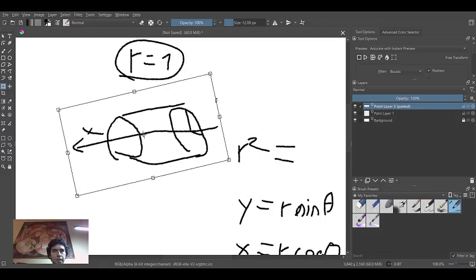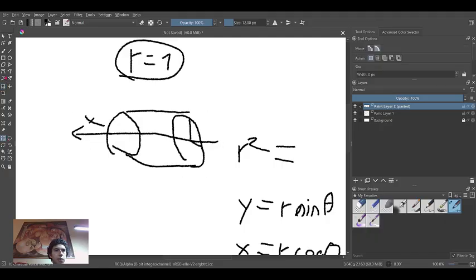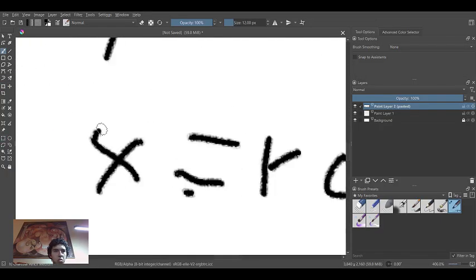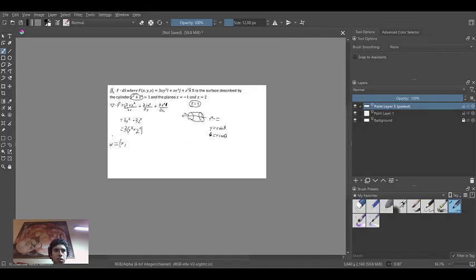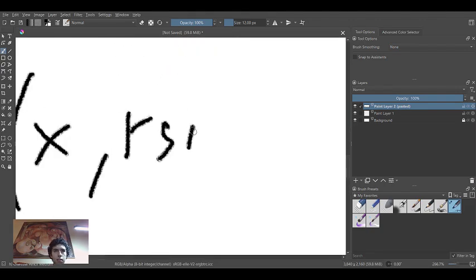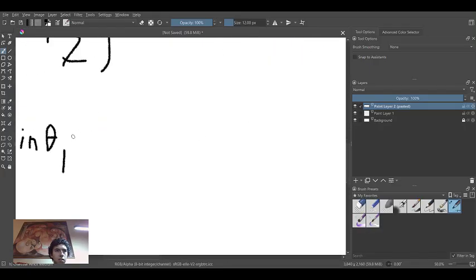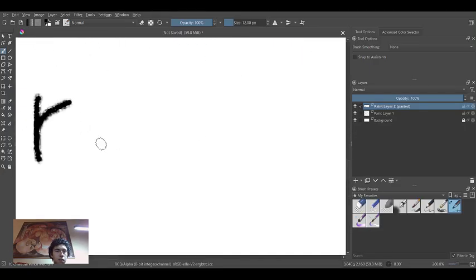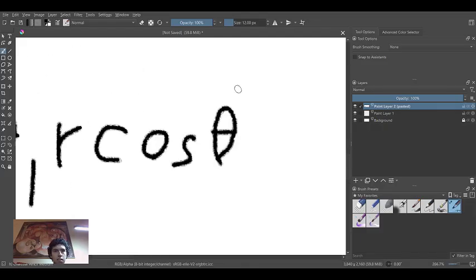There we go. That's our cylinder. So what we're gonna do here is replace x with z, and that's it. So for y, it's gonna be r sine of theta, and for z, it's gonna be r cosine of theta.